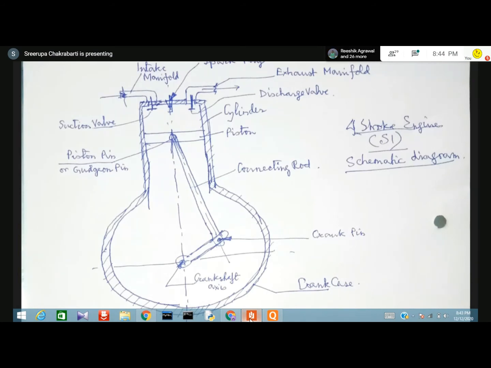So when it is manufactured, it is prescribed that it will be able to withstand, say, 50 lakh cycles of stress reversal or 1 crore cycles of stress reversal. So when it is used in an engine, when the engine runs, say, for 2 lakh, 3 lakh, 4 lakh miles, the connecting rod will not have any problem. You understand?